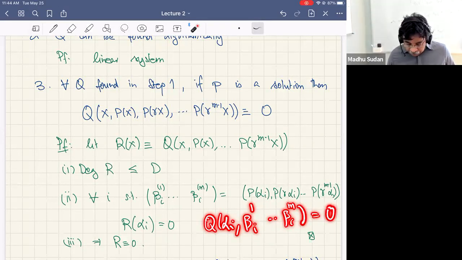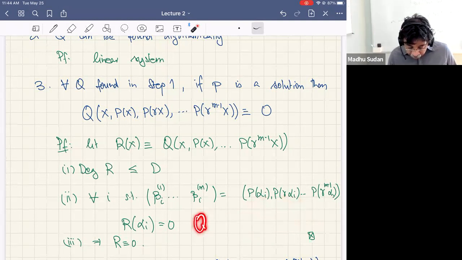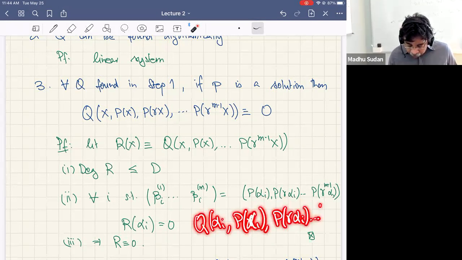But beta sub I1 equals P of alpha sub I, beta sub I2 equals P of gamma alpha sub I, and so on. So this is really saying that Q of alpha I, P of alpha I, P of gamma alpha I, and so on is also 0. But this is the same as saying the polynomial R of alpha I is 0.